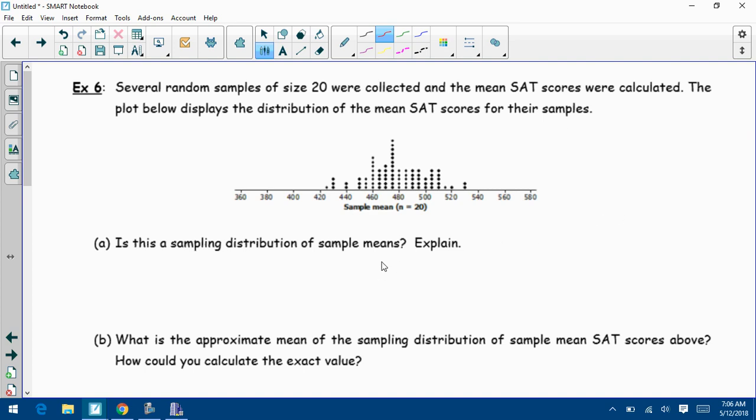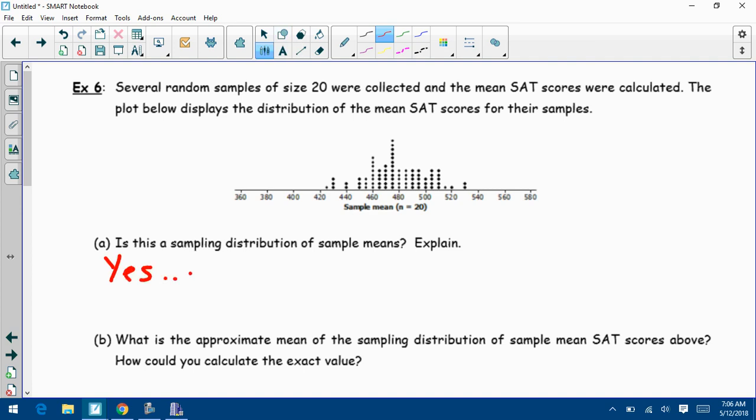Okay, so again, think about what you're looking at. Each dot is a sample of size 20, so each dot represents 20 SAT scores. They take those 20 SAT scores, average them, and put a dot there. Is this a sampling distribution of sample means? Exactly, yes, it is. Why?